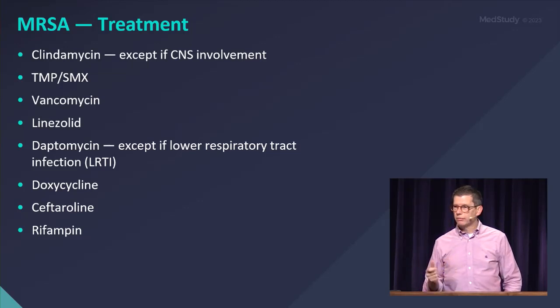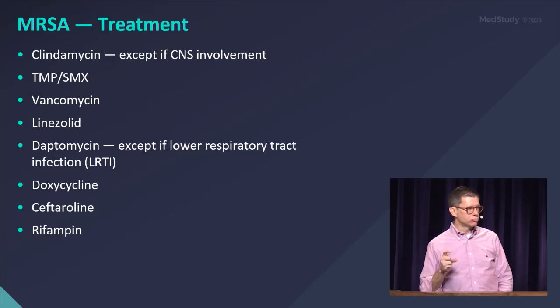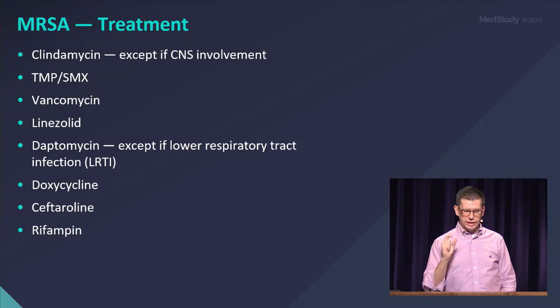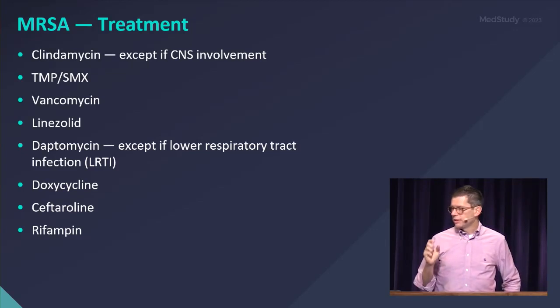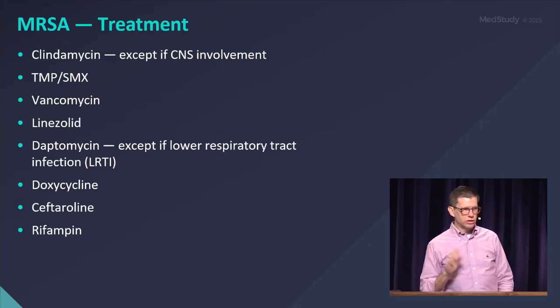We use rifampin when it comes to hardware or foreign material that's infected because it penetrates biofilms really, really well. Rifampin, similar to TMP-SMX, linezolid, and doxy, has really good bioavailability. So those four you can give enterally and have the same effect as giving it IV.